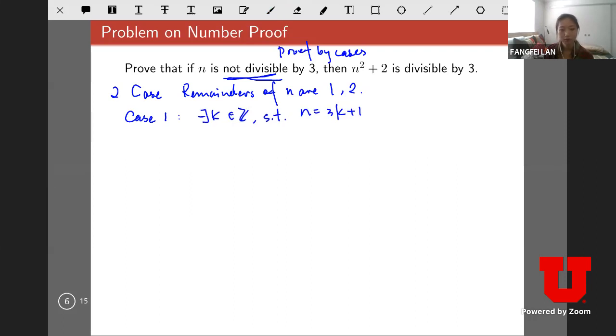I think there's a question in the chat saying, will we ever use inductive proofs with proof by cases? I don't think so. I don't think you would have to do it in this class.